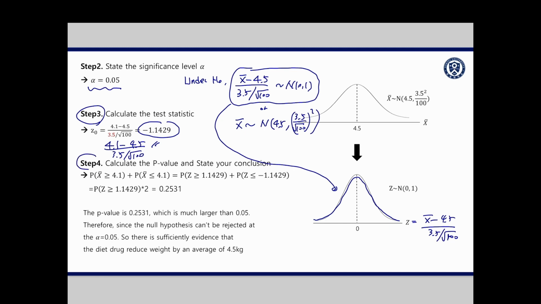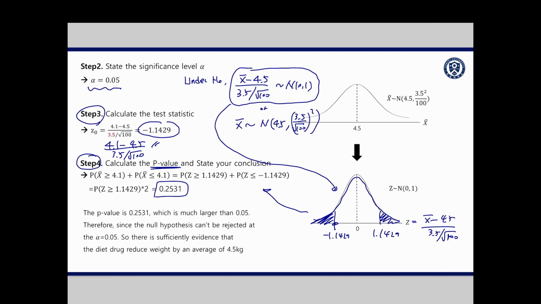So in the p-value step, since the test is two-sided, the p-value is the probability below minus 1.1429 plus this probability on the other side. So the p-value is 0.2531.